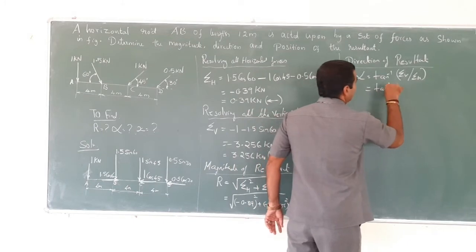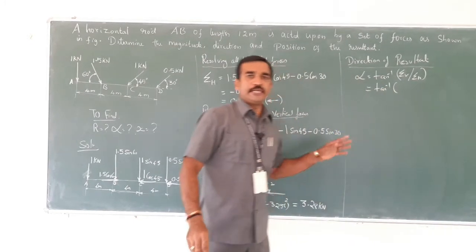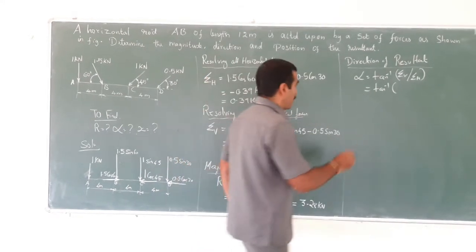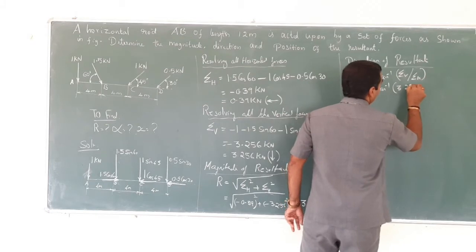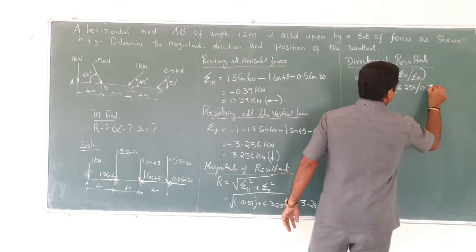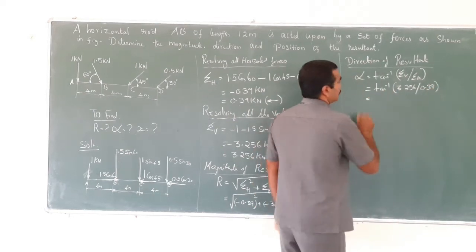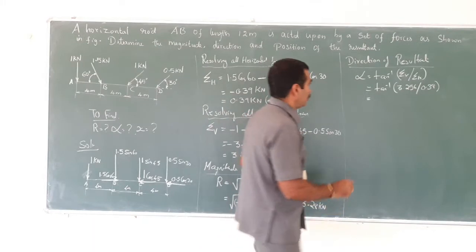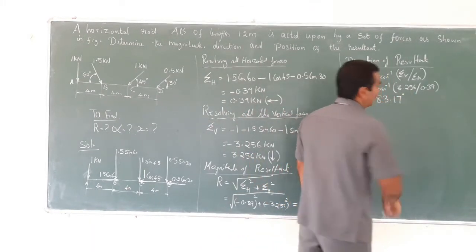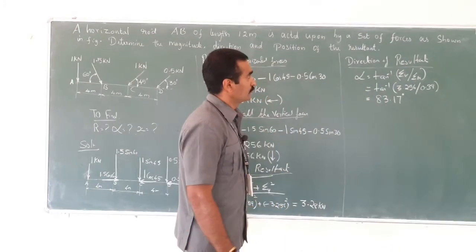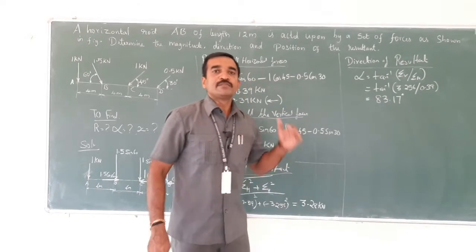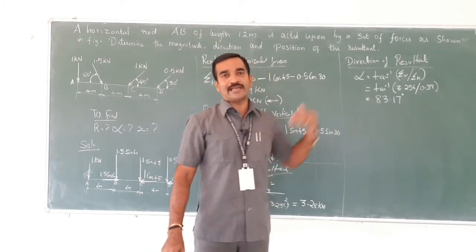So tan inverse of, you have to feed only the positive values. Summation V is 3.256 divided by summation H, which is 0.39. If you feed these values in your calculator, you will get the alpha value as roughly 83.17 degree.